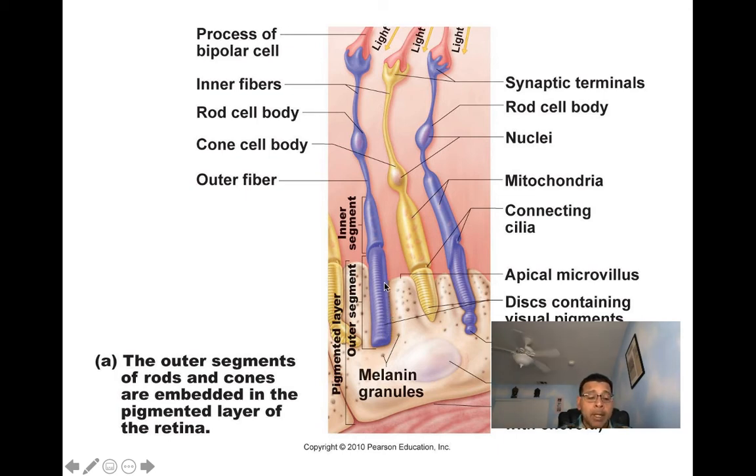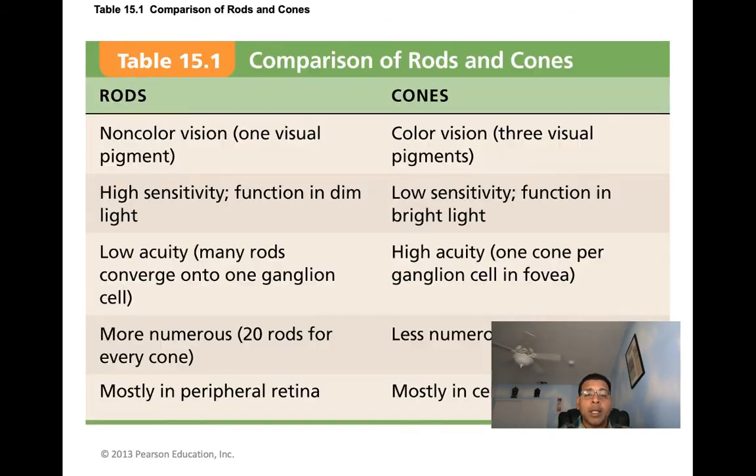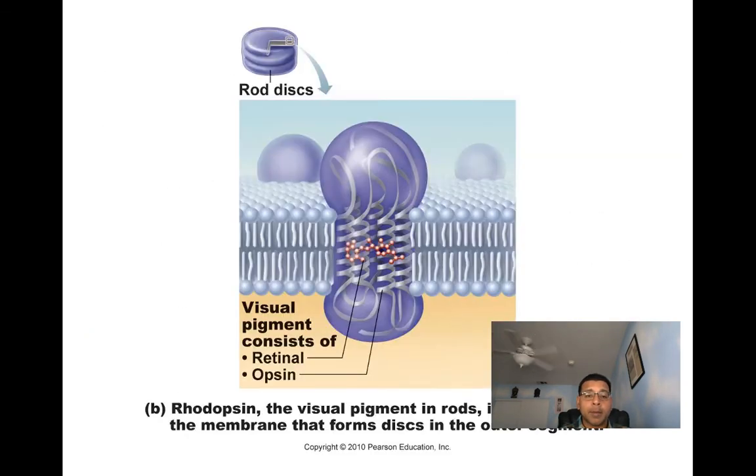So these pigments are embedded in discs and they help to trap light. Here we can see rhodopsin. Rhodopsin is the visual pigment in rods that we're going to look at. This figure shows us how it looks.